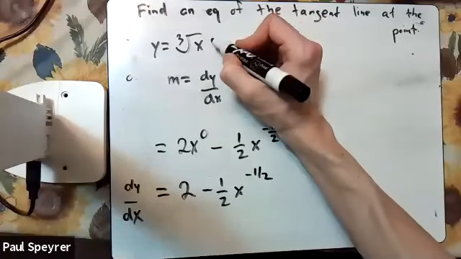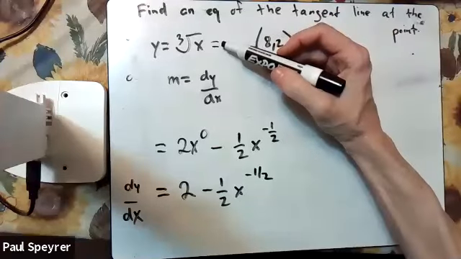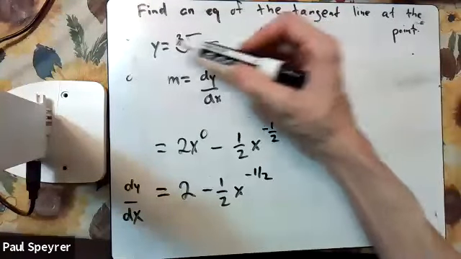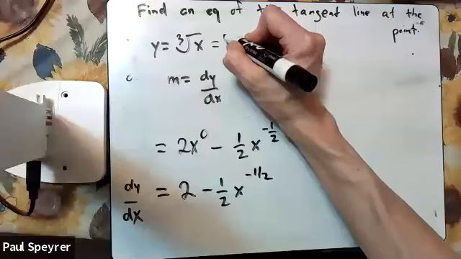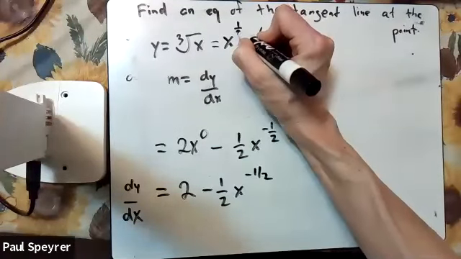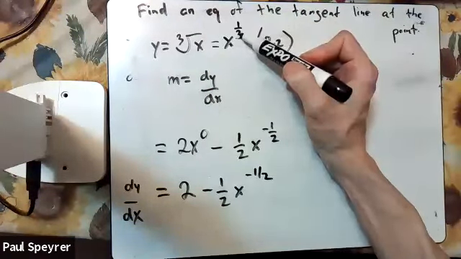But can we use the power rule on this currently, how it's written out? No. So you need to write this out in exponential form. The cube root of x written in terms of exponents is x to the 1/3 power. Remember, the index is the denominator of your fraction.